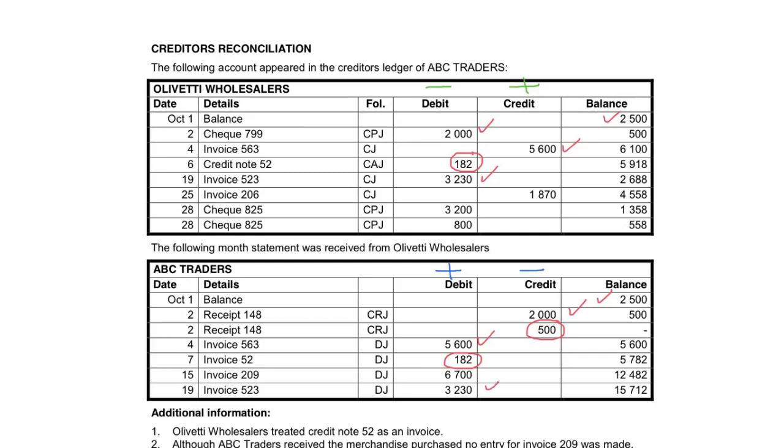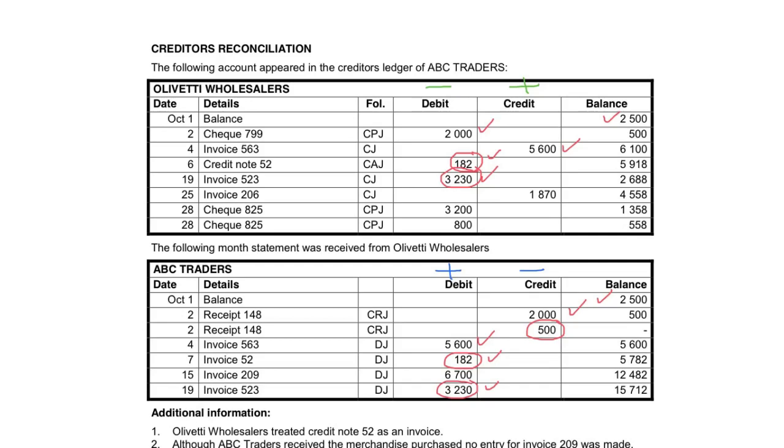It's the same entry, but there's a mistake because we've put the 3230 both times on the same side. So with the 182, both accounts have the 182, but they're on the same side, so there's a mistake. Both accounts have the 3230, so there's also a mistake.